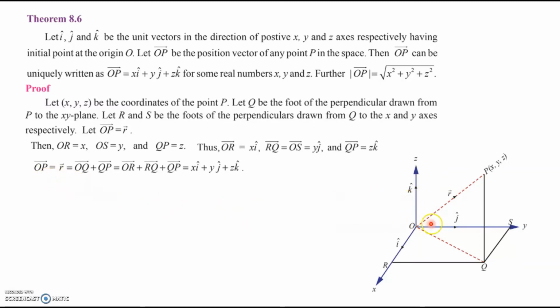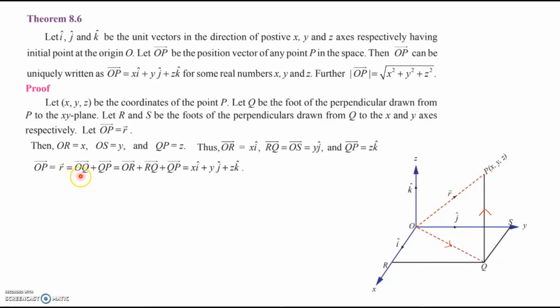Next, let's define OP vector as the sum of OQ vector plus QP vector. So you have OQ vector plus QP vector equal to OP vector, or r.